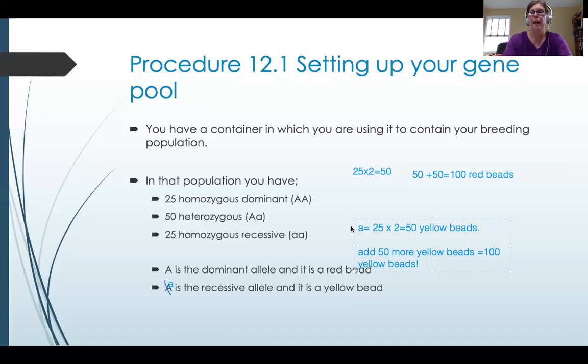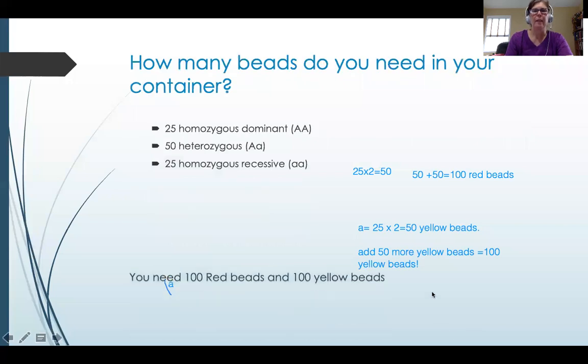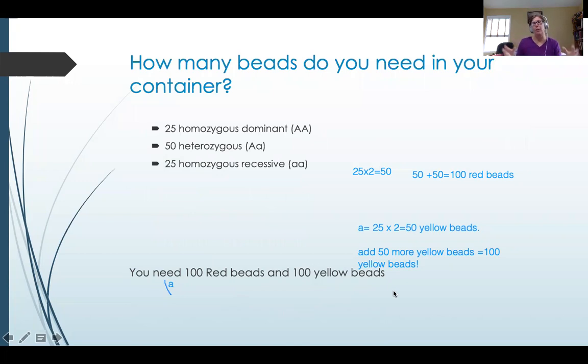So I have 100 red beads and 100 yellow beads, and you guys would have counted those all in class. You would add 100 and 100, and put the 100 red beads and 100 yellow beads together in your live or breeder cup.